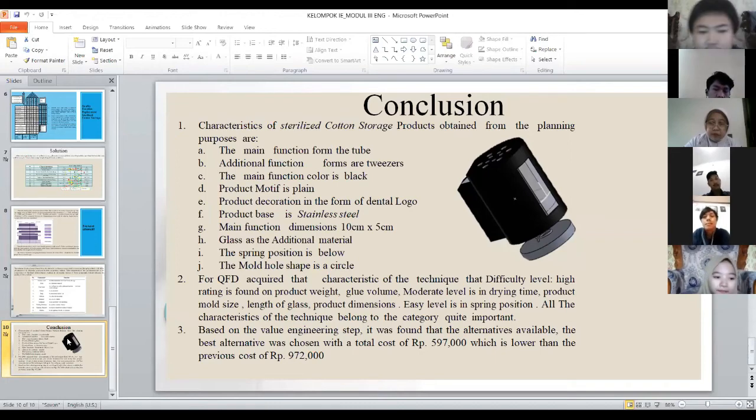From the questionnaire, we concluded that the dentists agree that the color of the product must be black. So it's a demand from the customer, and we cannot put it aside because it is important for our product regarding customer certification.